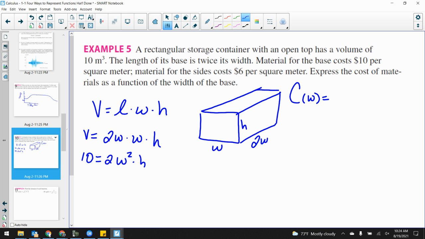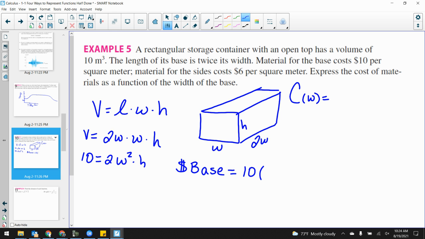So let's talk about the material for the base. I know that the cost for the base is going to be equal to $10 per square meter, so $10 times the area. Well, what is the area of the base? 2W squared, right?